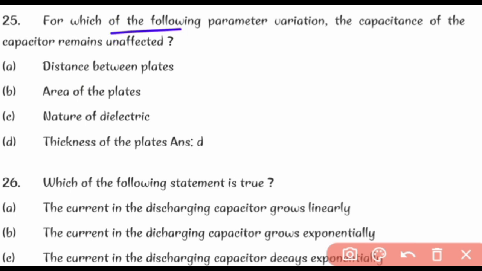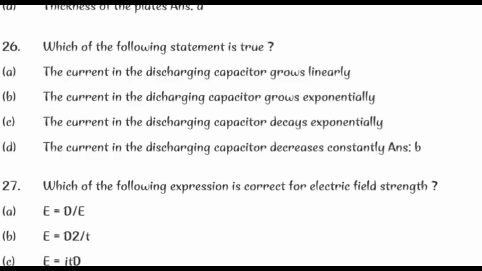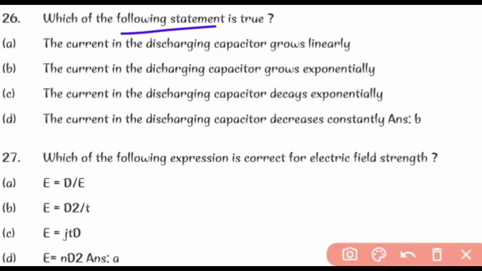For which of the following parameter variation the capacitance of the capacitor remains unaffected? Thickness of the plates. Which of the following statements is true? Option B, the current in the discharging capacitor decays exponentially.